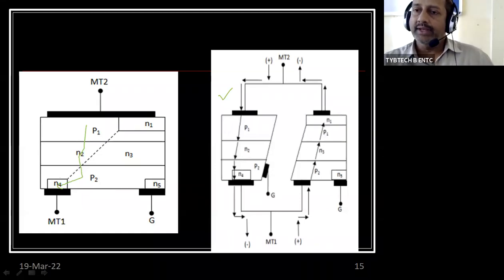Case B: when MT2 is reverse biased, current will flow through the layers P2, N3, then P1 and N1, in this way.